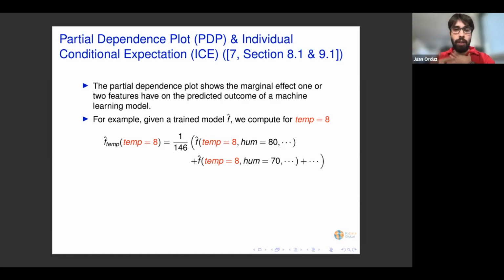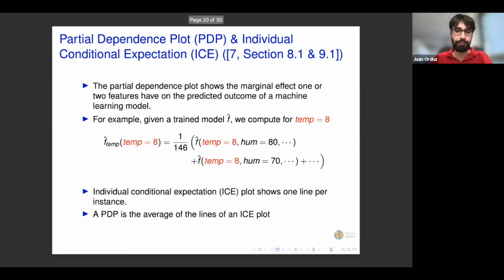Very specifically, if we have a fitted model, which we don't care what it is, and we call it f hat, and we want to compute the effect of, let's say, temperature, what we could do is, for each value of temperature, in this example temperature equals 8 degrees, take the average over the whole data set, where we replace the temperature feature with a fixed value, in this case 8. This will give us just a single number.